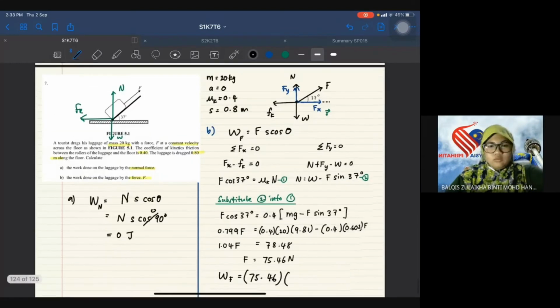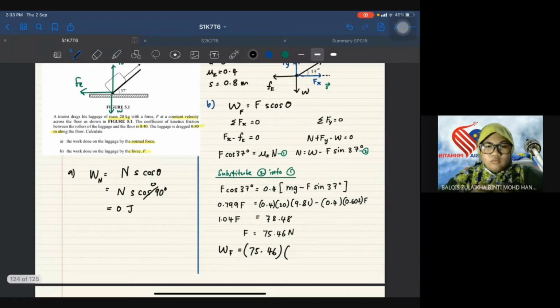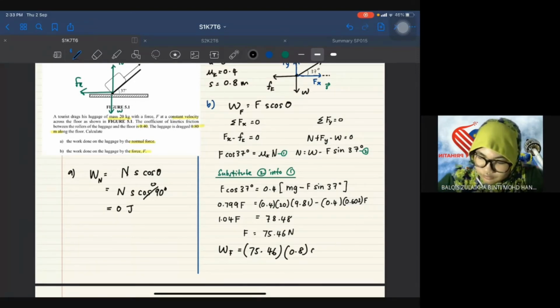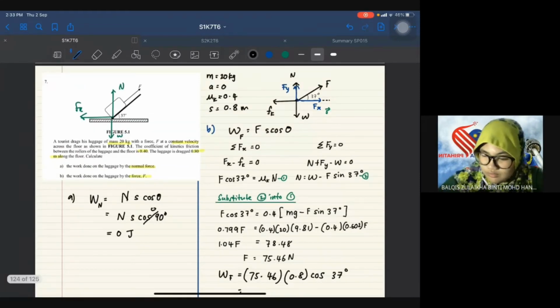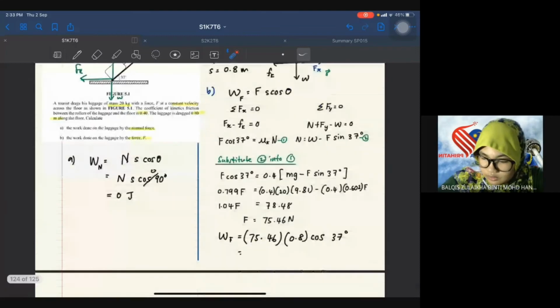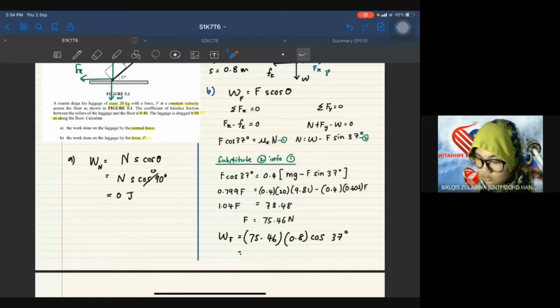S is 0.8, and then this one will be cos of the angle. What is the angle? 37. Just look back at your diagram over here. The angle between F and S is 37 degrees. Take your calculator: 75.46 times 0.8 times cos 37. You should get 48.21.